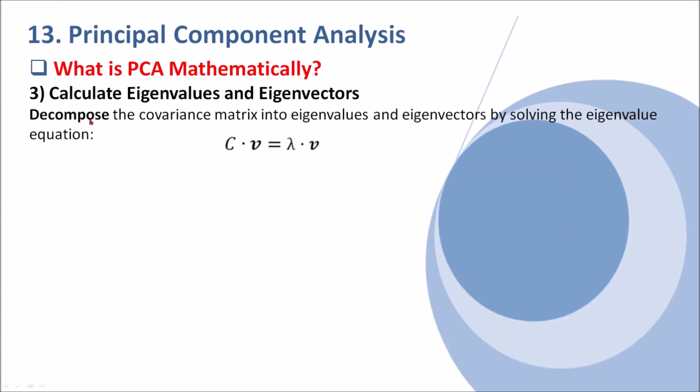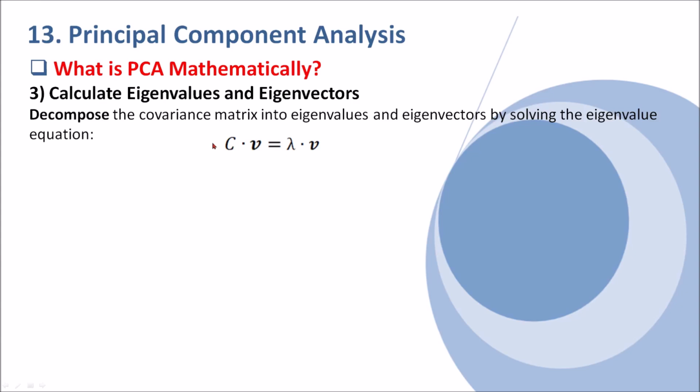In step 3, we need to calculate eigenvalues and eigenvectors. In the previous step, we just calculated the covariance matrices. Now, we have the covariance matrices in our hand. Therefore, we need to decompose the covariance matrices into eigenvalues and eigenvectors by solving this equation.